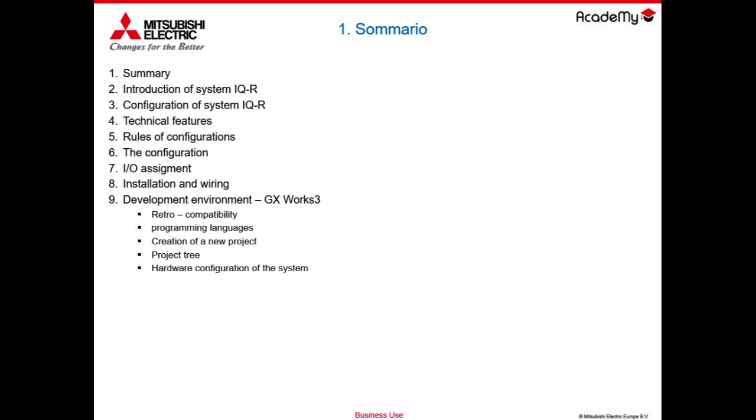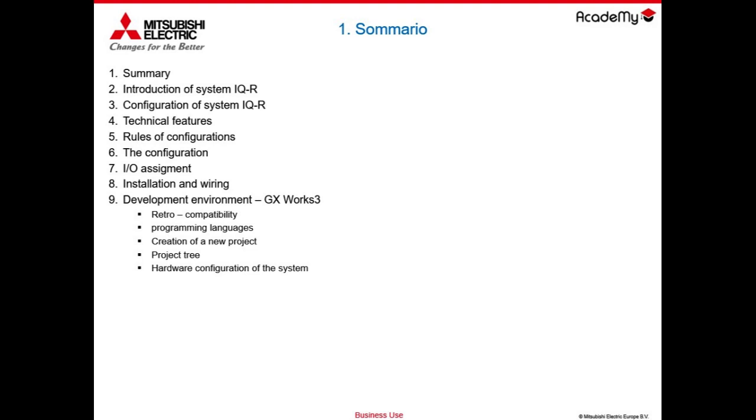In the first part, after a generic introduction to the iQ-R system, we will try to pay attention to the main rules of configuration of the system and the technical characteristics of the control PLC. I was mentioning configuration rules. We will see how useful a configuration tool is to take into account all these rules, and how it is necessary to represent a tool useful for defining the iQ-R needs of the machine.